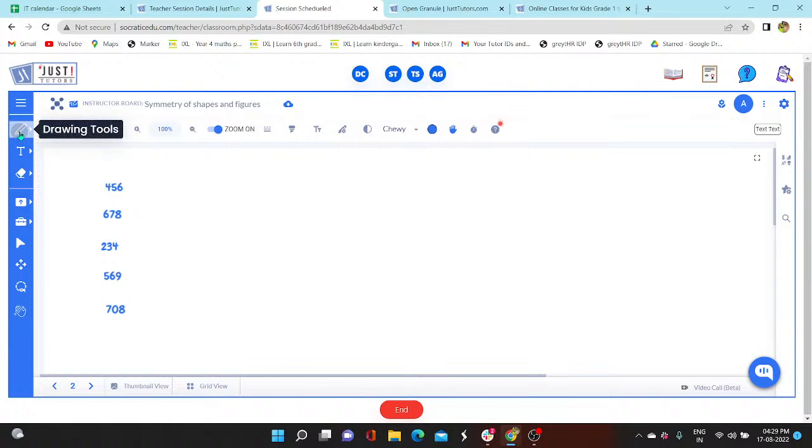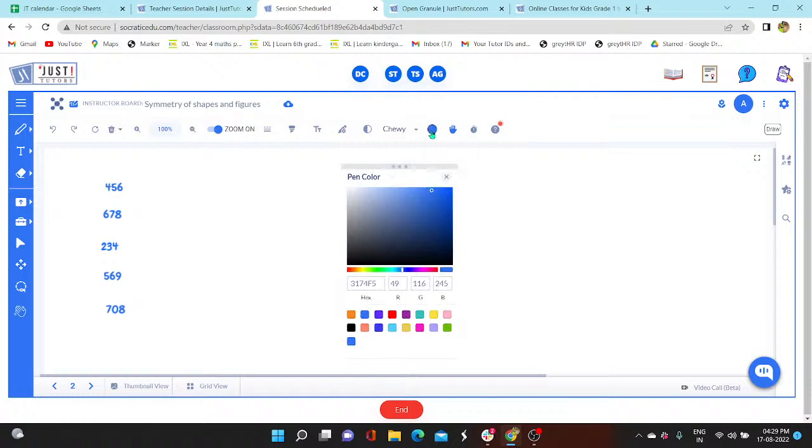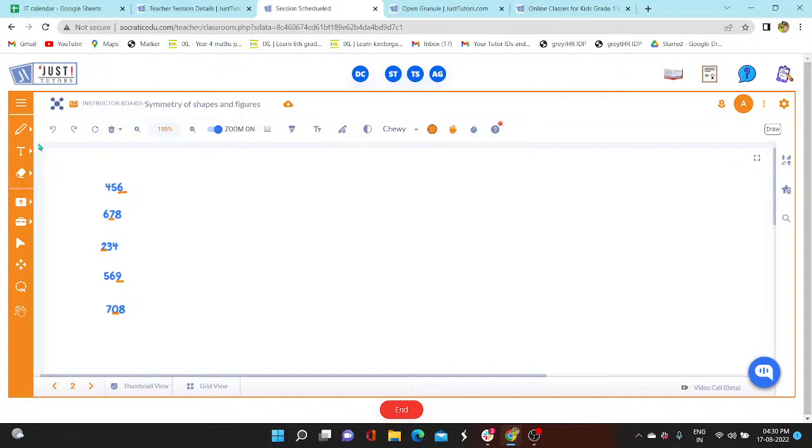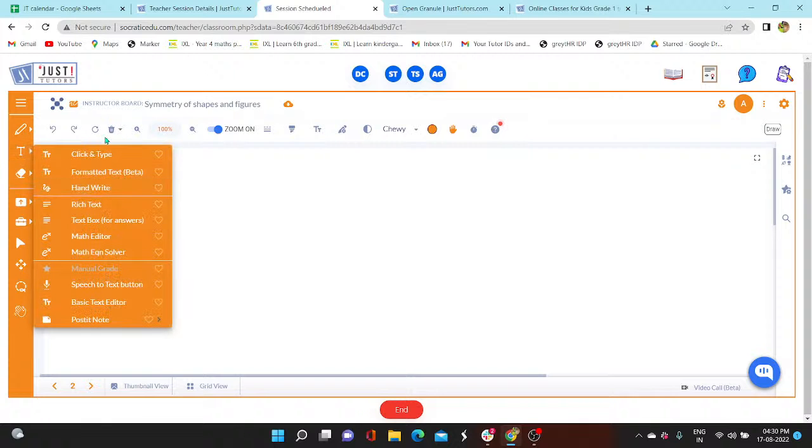We have to write the place value of some digits in these numbers, and I would underline those digits with a different color. So we have to write the place value of the underlined digits in these numbers.